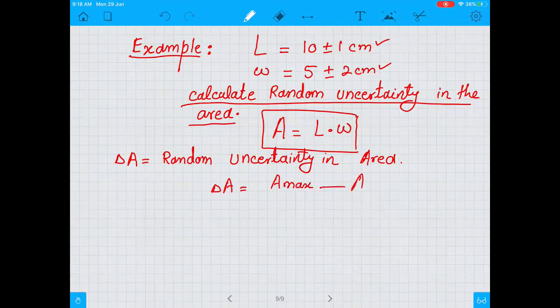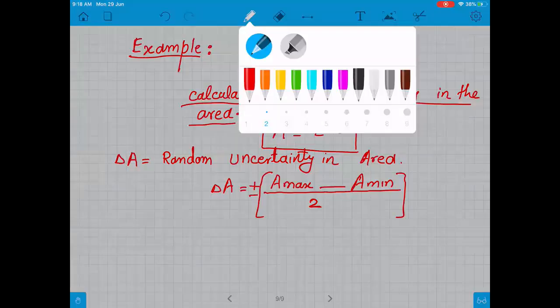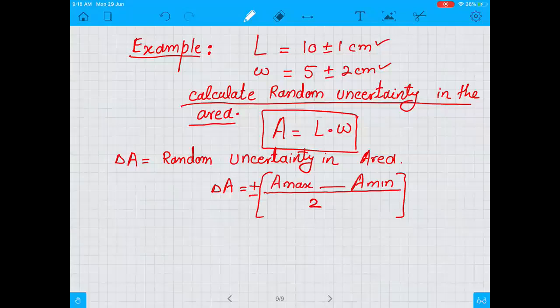Then you need to calculate the minimum possible value of area. Then you need to calculate their difference, that is called range, and half of that range will represent the random uncertainty in the area.